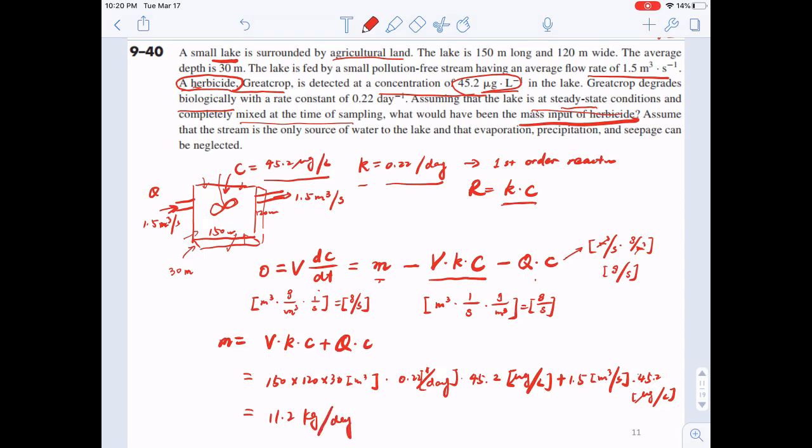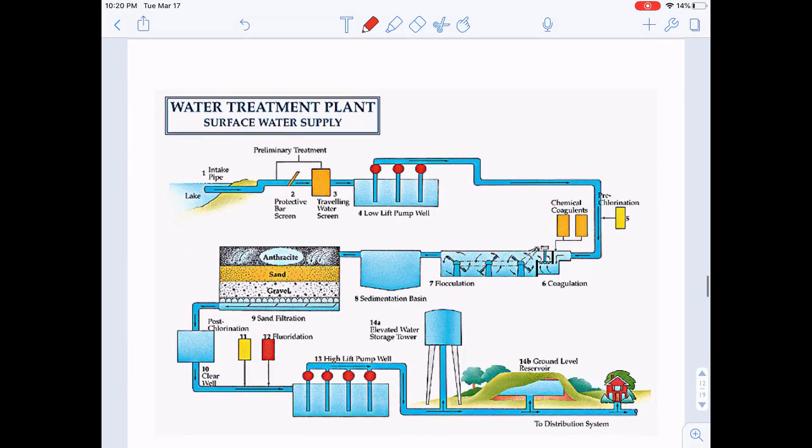Okay, so it is about this problem here. So basically it's using the concepts of the mass balance over this entire lake here. So that's all about the water quality and also the river water quality.